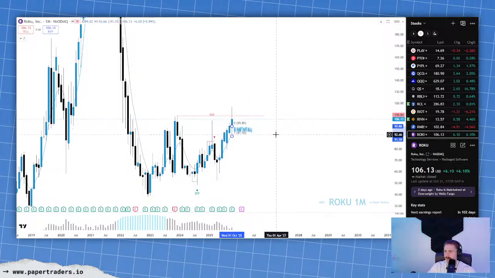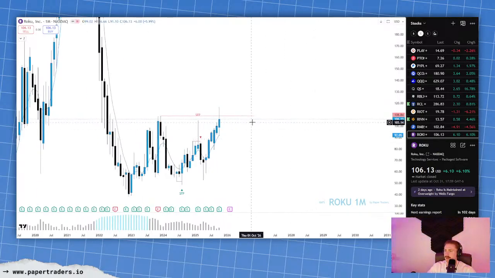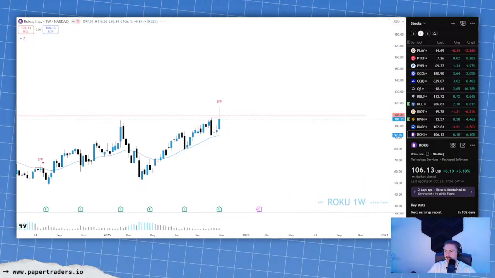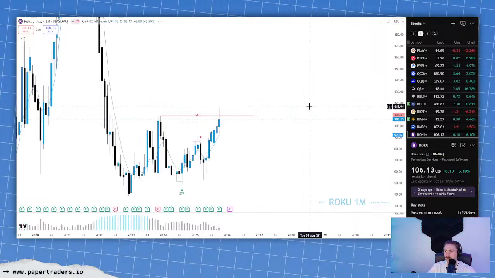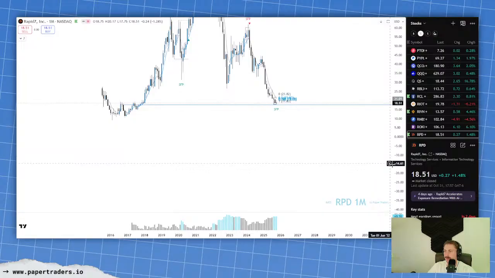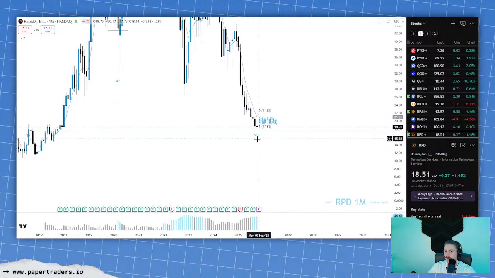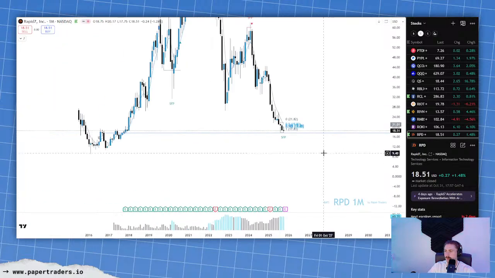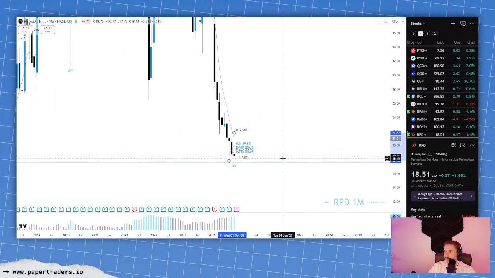Yeah, this is kind of undecided over here. Above the 200 still. The 3 month is okay, but if this SFP continues like that, then yeah, we can short this puppy. RPD. Hey, she got low.